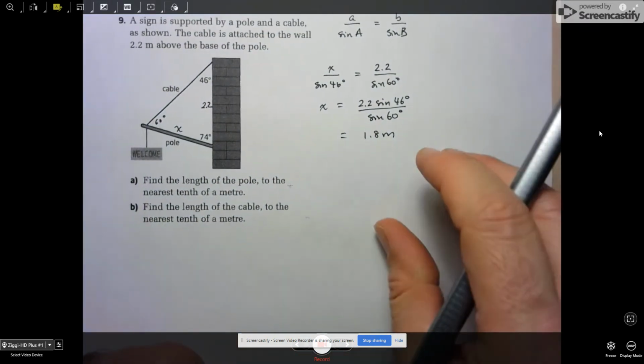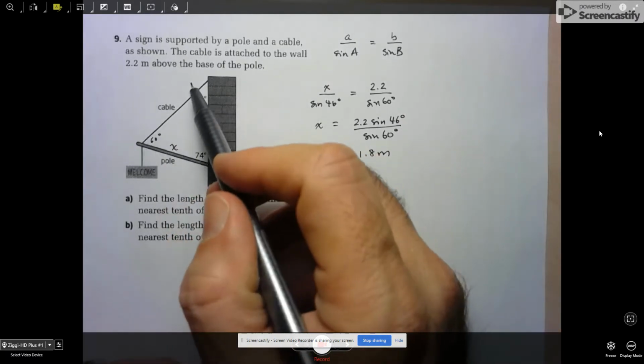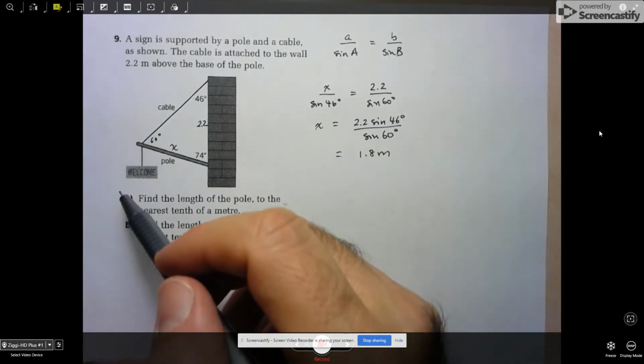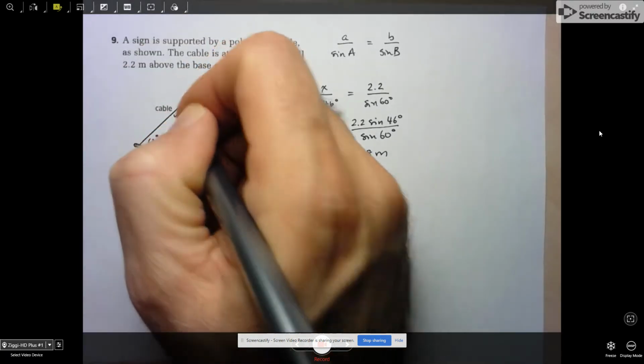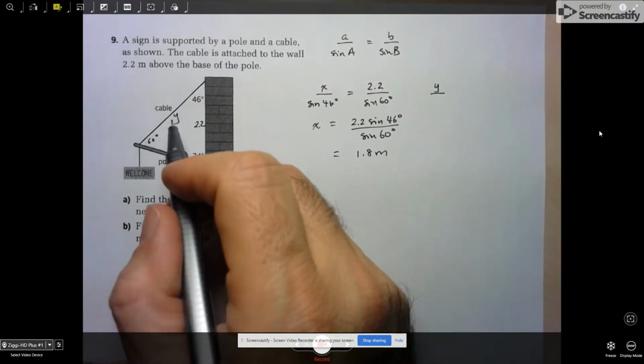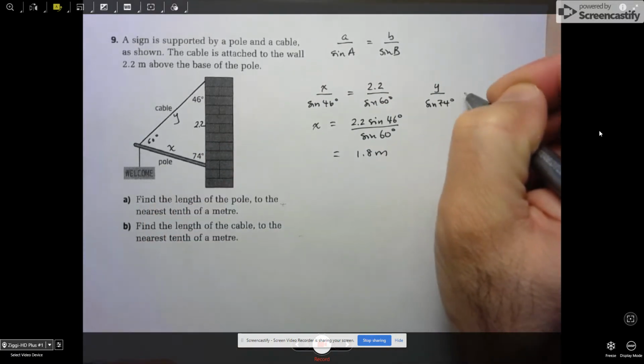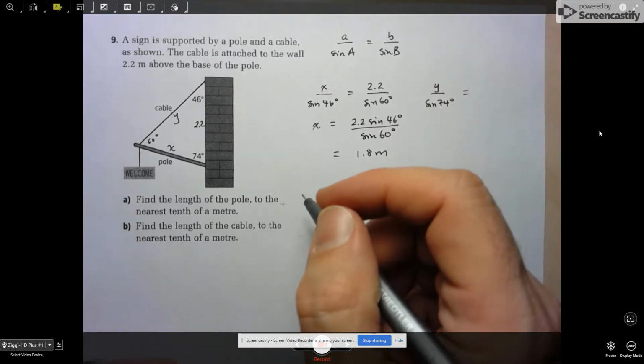All right, so let's go to B here. B asks us to find the length of the cable. And this is going to be a very similar problem because if I call this, say, y, I can set up another equation. y divided by the sine of its opposite angle, which is 74, is equal to... Now here I have two choices.